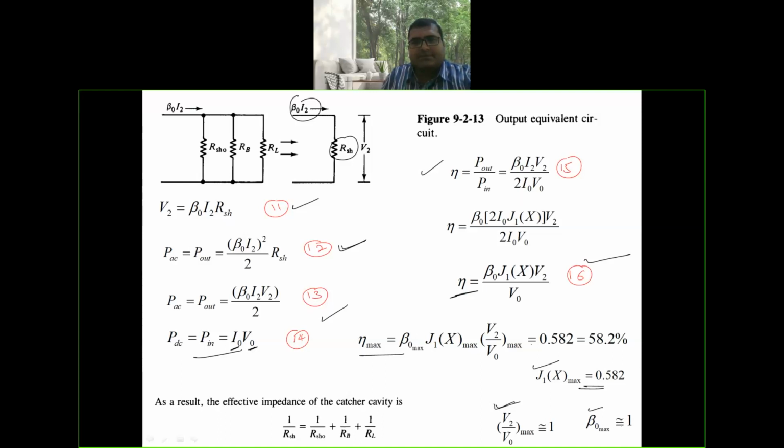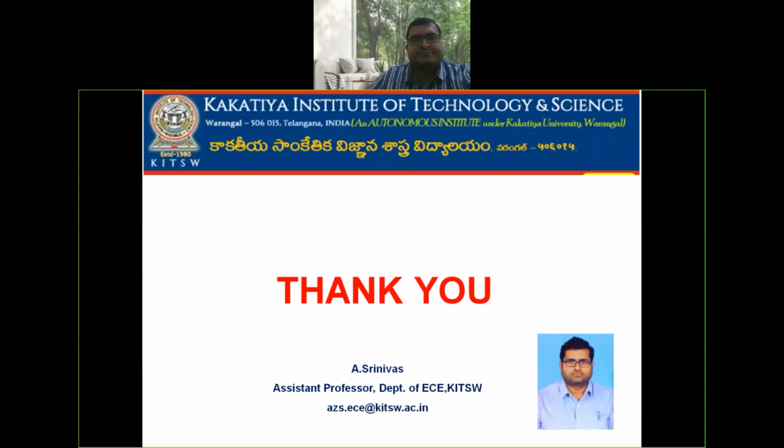By considering all these things, we get the theoretical maximum efficiency of two cavity Klystron amplifier as 58.2%. The practical efficiency is definitely less than 58.2%. Thank you. We will meet with the next lecture.